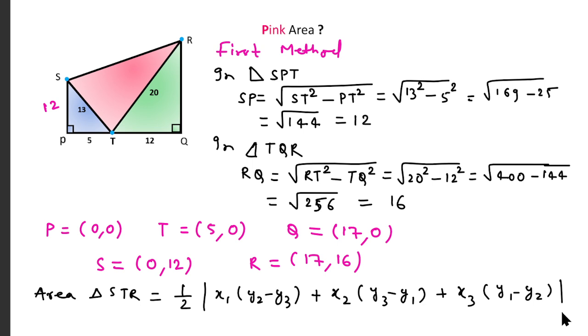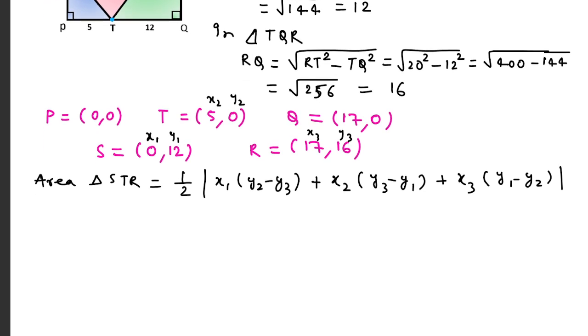Now here x1 is what? This one, and this one is y1. This is x2, y2. This is x3 of R coordinate. This is y3. Okay. Now if we put the values, then we will get 1 by 2.